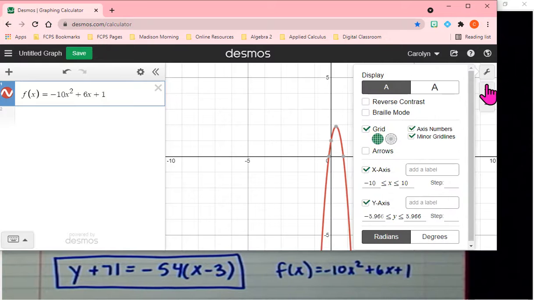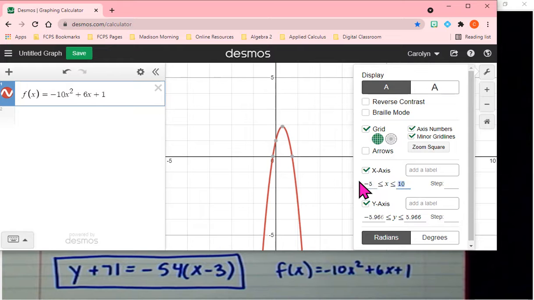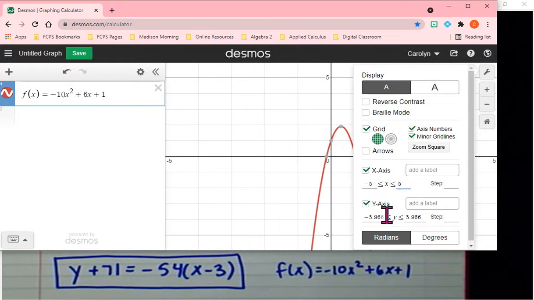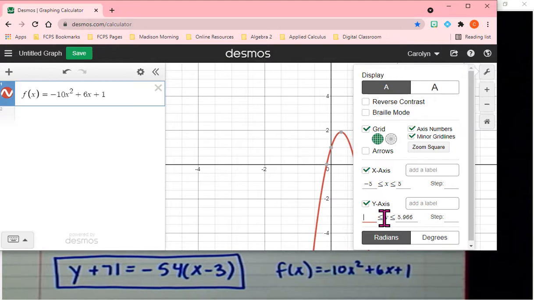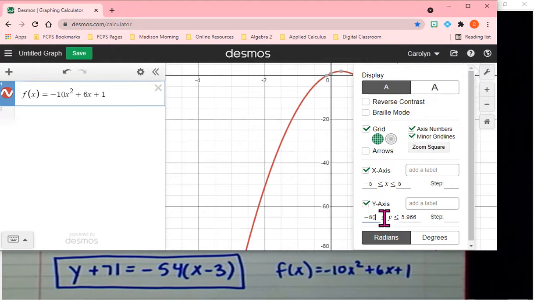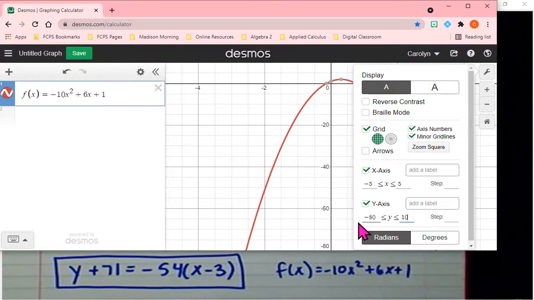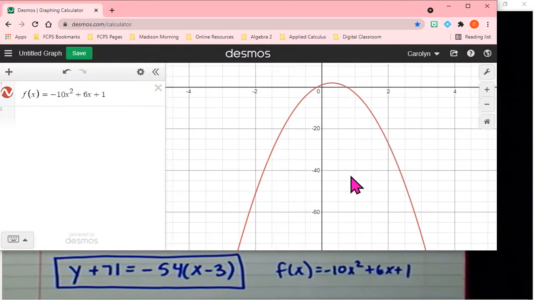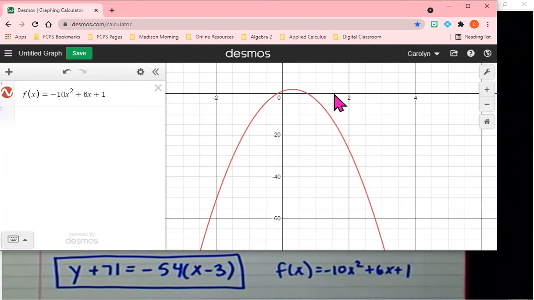So I'm going to press this little wrench button and change the viewing window. I need really low y values. Maybe negative 80. And I like round numbers, so we'll go 10. Now I have a picture that I can actually see.